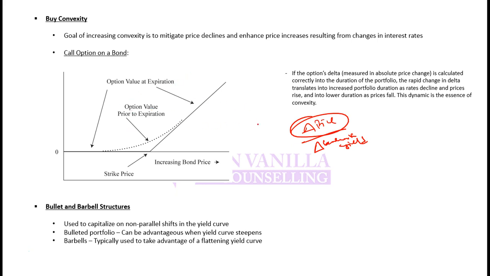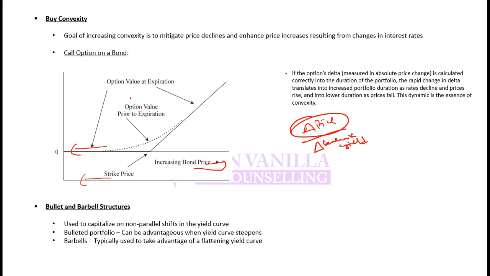Effective duration will be higher for price increase and will be lower for price decrease. Why? Because this option's value will come into play if price is increasing, and it wouldn't impact the overall value if price is decreasing. Because if price is decreasing, this option has nothing to do. It will be like a straight bond or normal bond.